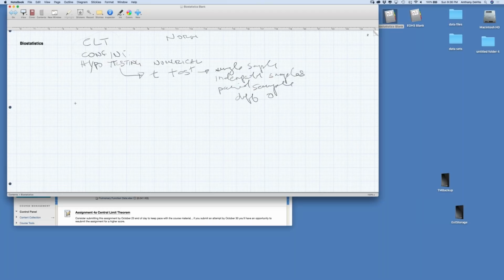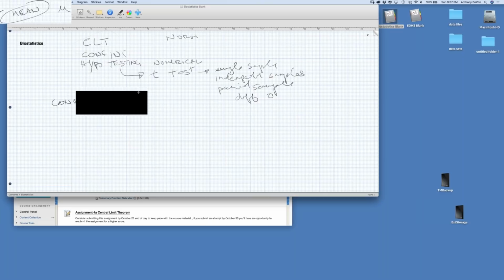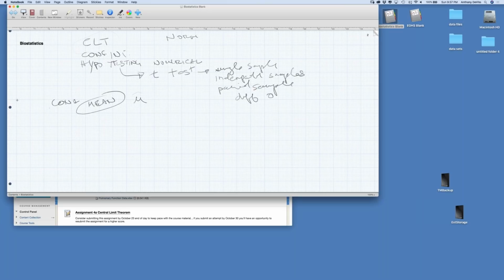So when we talked about confidence intervals for a population mean, mu, we take a sample from the population, and we're really interested in knowing what the mean of that population is.